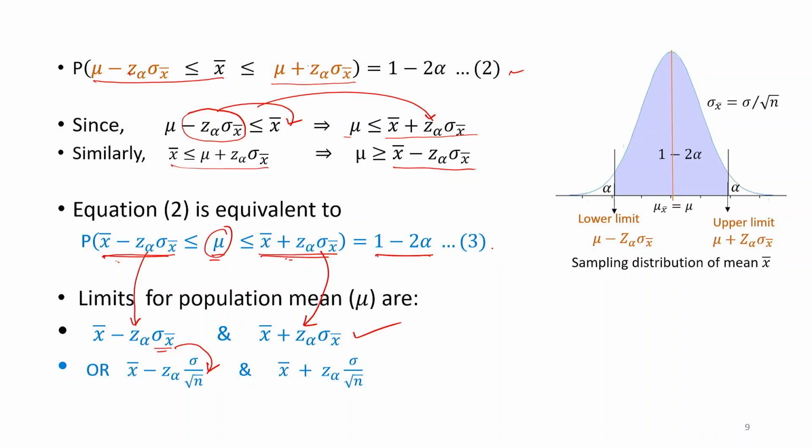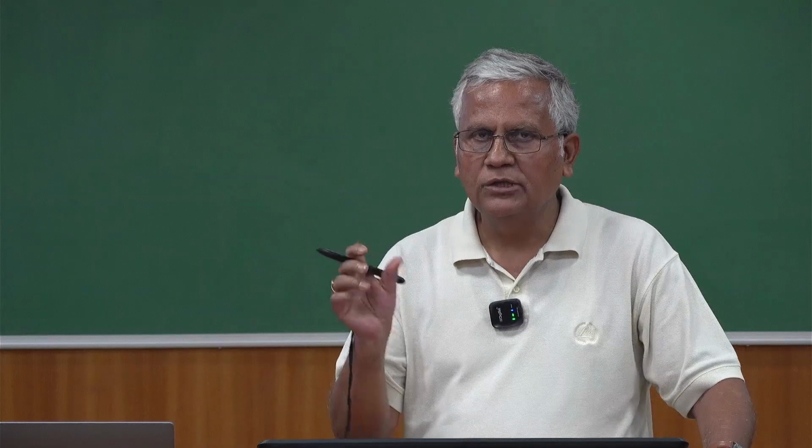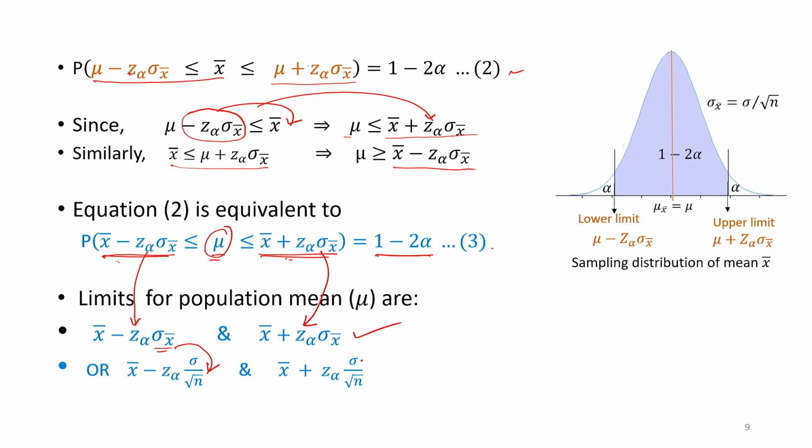And in this case, we have written at the beginning that the variance of the population is known to us, so the value of sigma should be known to us. This is how we will be able to say that the population mean is going to lie between these two limits, the lower limit and upper limit, with a level of confidence 1 minus 2 alpha.